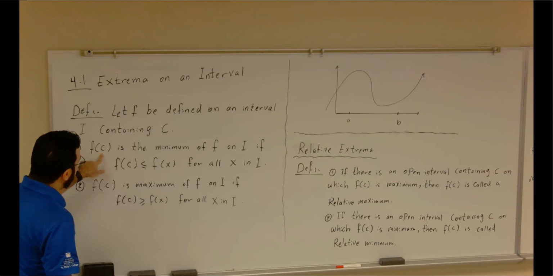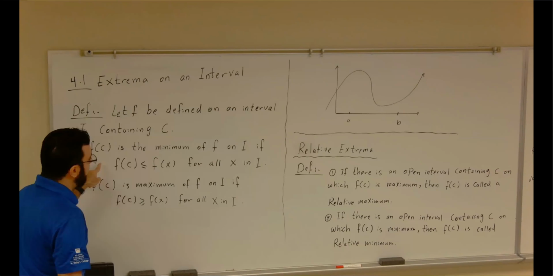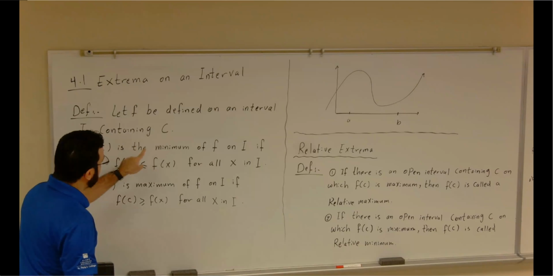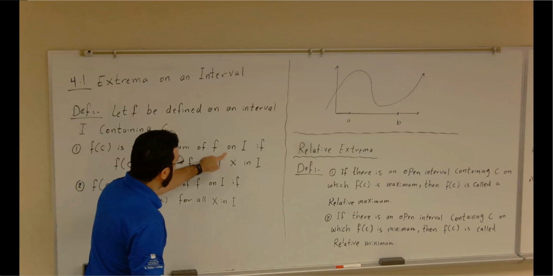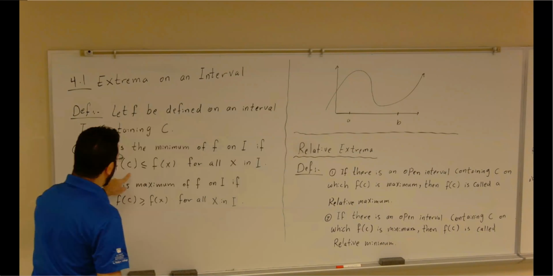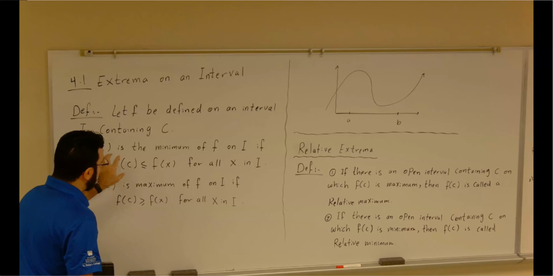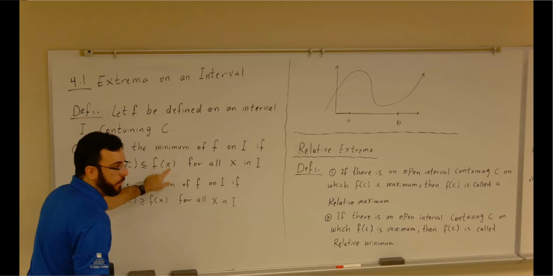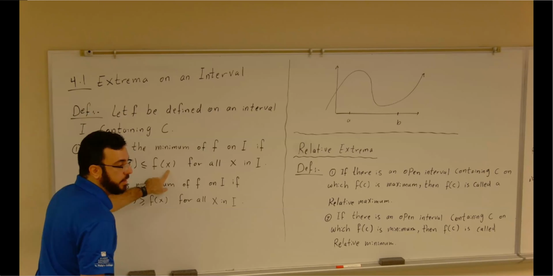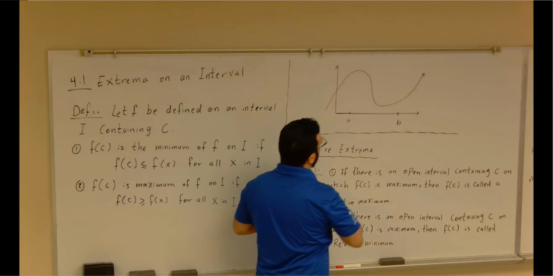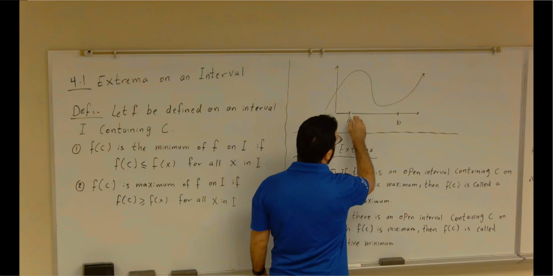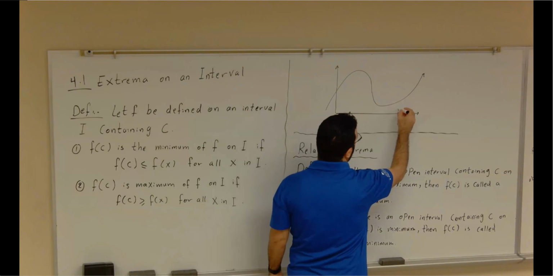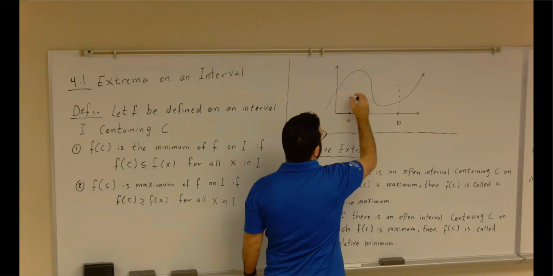If f(c), that means the y coordinate for this point, is the minimum of f on the interval I, then the y coordinate is less than all the y coordinates for all points of x. As an example, here's the interval A and B. Let's check.